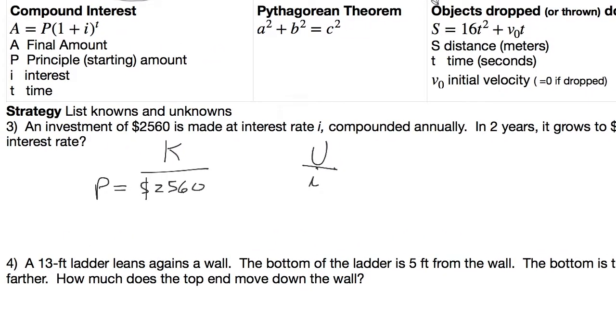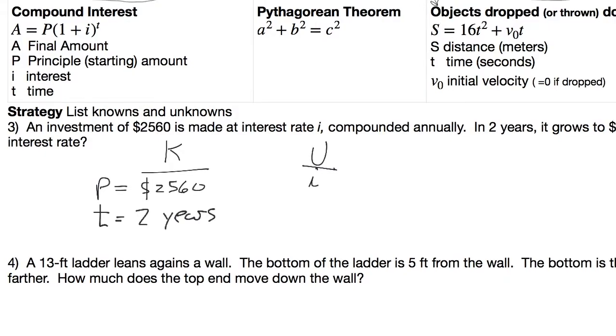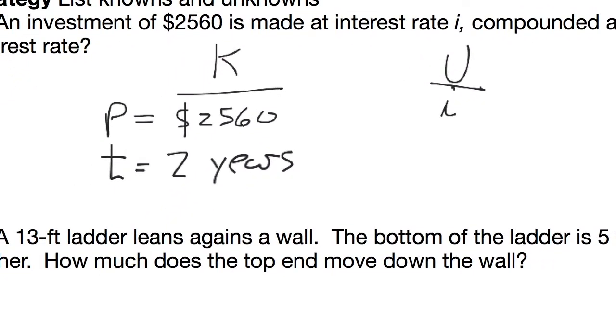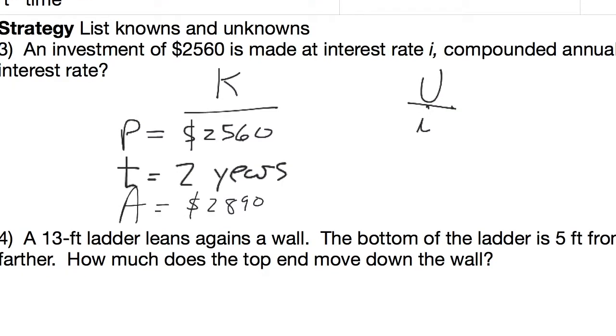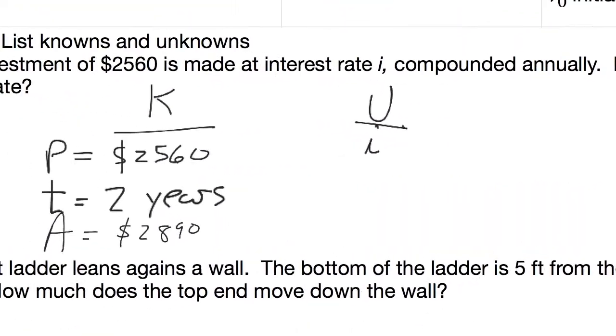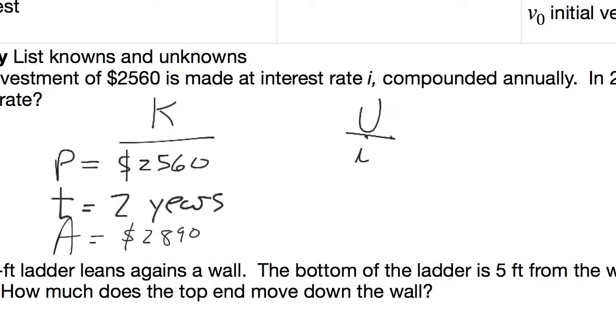In 2 years, T equals 2 years. It grows to $28.90. What is the interest rate? Yeah, so we don't know the I, but we can figure out everything else.